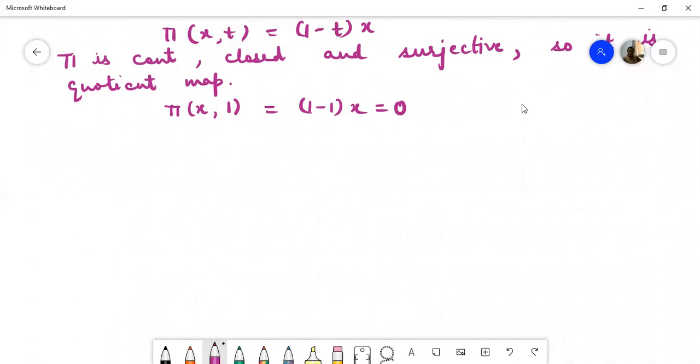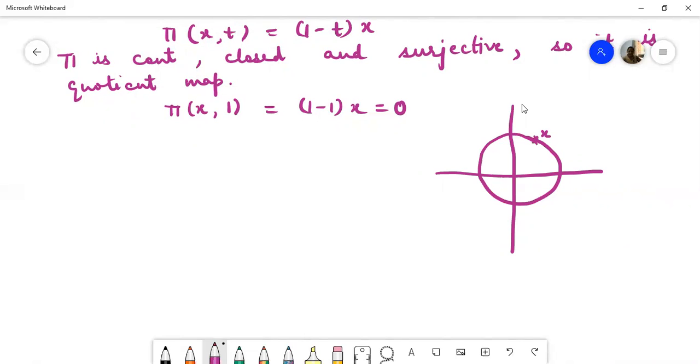Now we have this circle, and this mapping maps all the points x here and t lying from 0 to 1. If x is here, say on the circle, then its image lies on this line (1 minus t) into x, which depends on the point t.